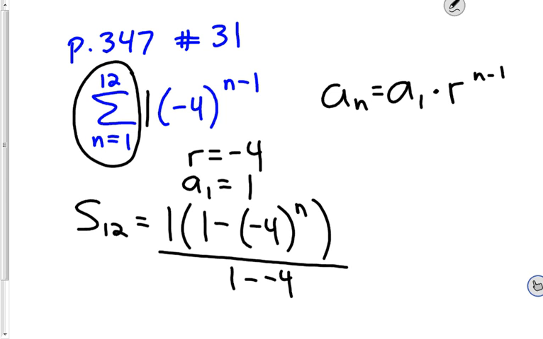So now we can plug that in. The n is 12. Now I can plug it into the calculator. Let's see if I can remember all of this.